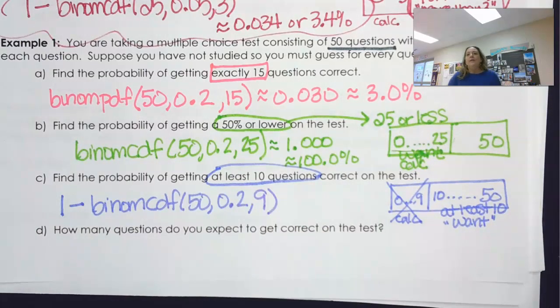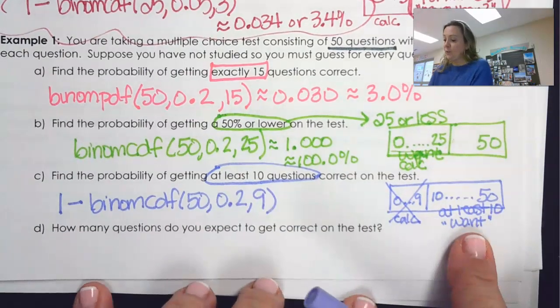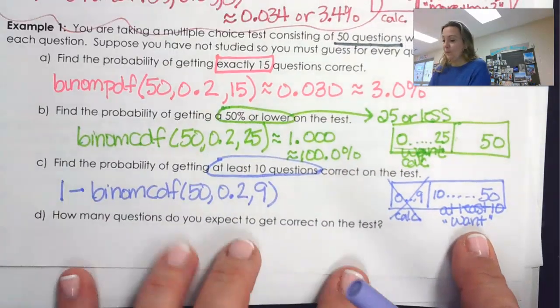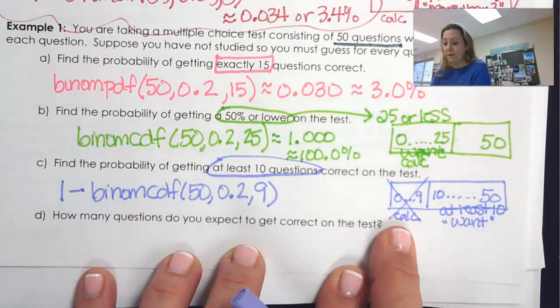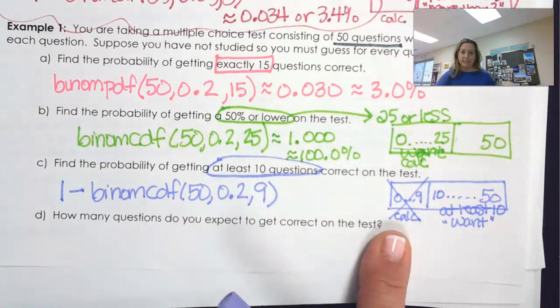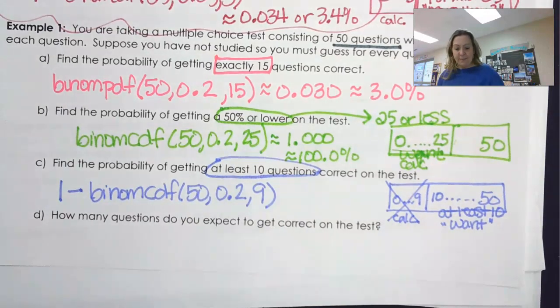Because this is what we want, we can take 100%, which is this whole, subtract off the binomial CDF that tells us everything from 0 through 9, and that'll give us our result.